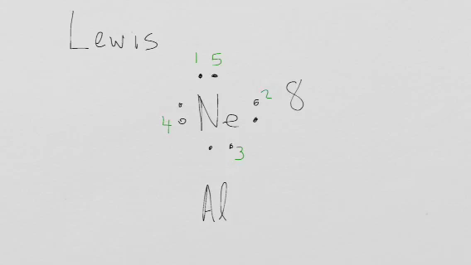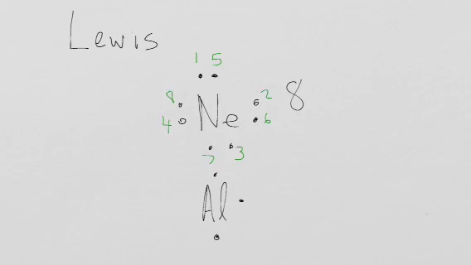So if aluminum only has 3, we start at the top with 1, go to the side for 2, and go to the bottom for 3.